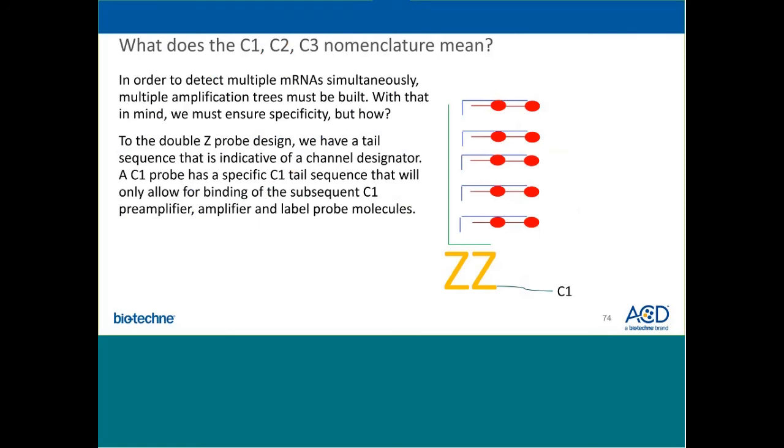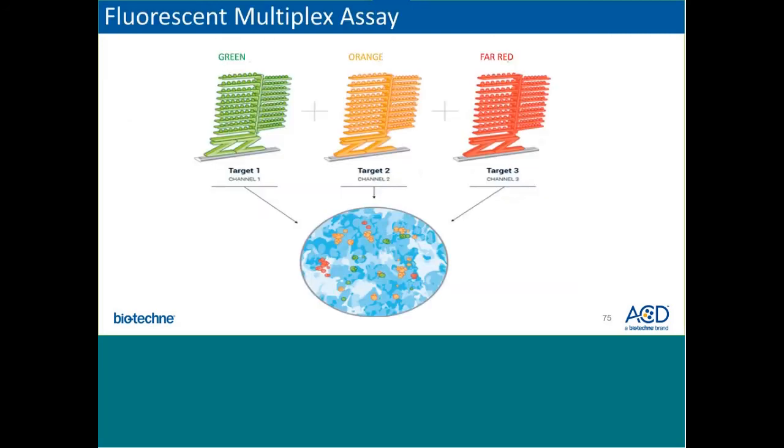A C1 probe has a specific C1 tail sequence that will only allow for binding of the subsequent C1 pre-amplifier, amplifier, and label probe molecules. The same can be done for the C2, C3, and even C4 in a multiplex assay. This image shows the distinct yet separate amplification trees for each channel in the fluorescent multiplex assay, which allows for simultaneous detection of multiple markers.